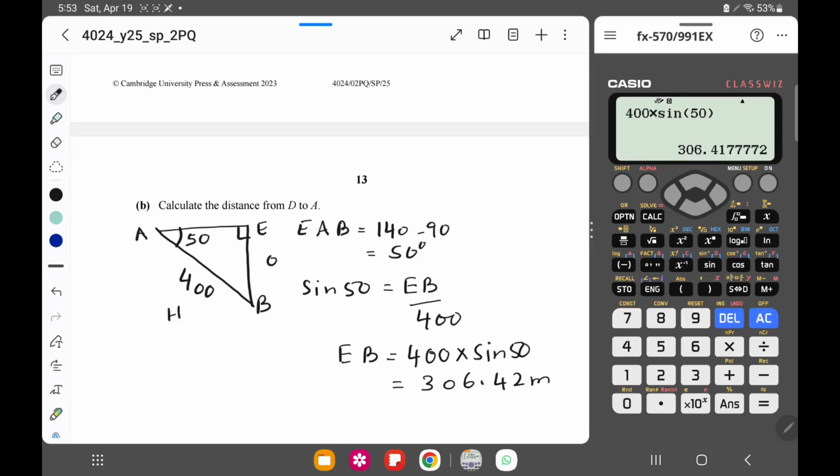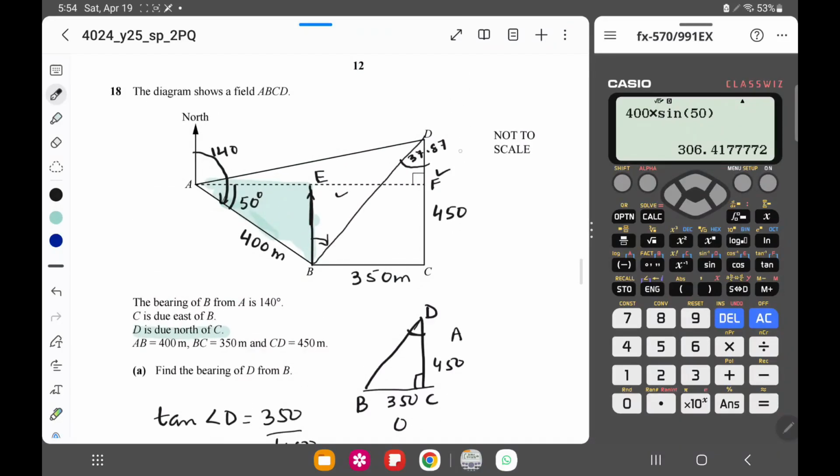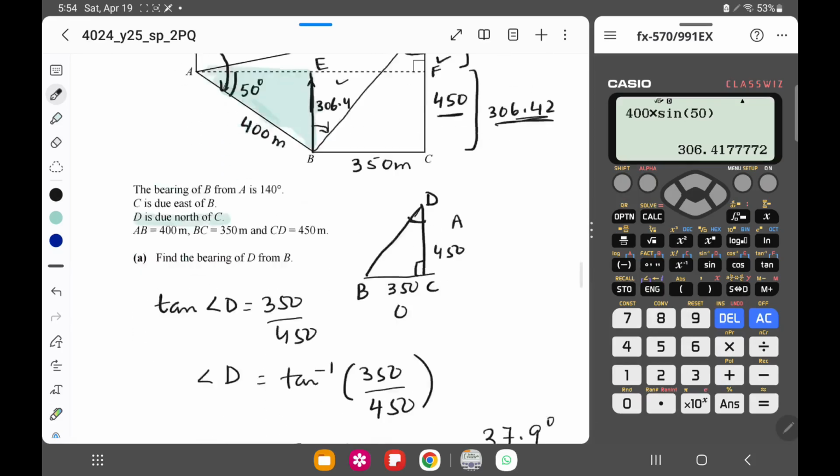306.42 meters. So we'll also have this much, 306.42. So FD will be equal to subtracting 306.42 from 450. So if we subtract 306.42 from 450, we can have DF.